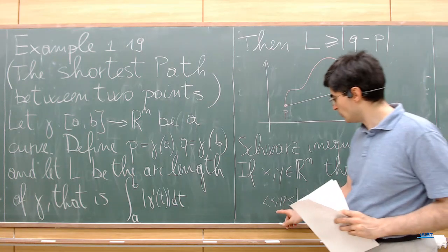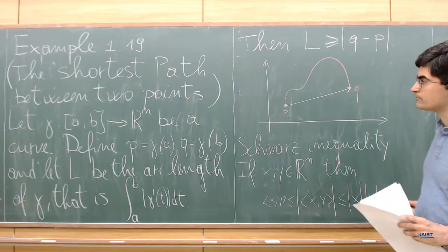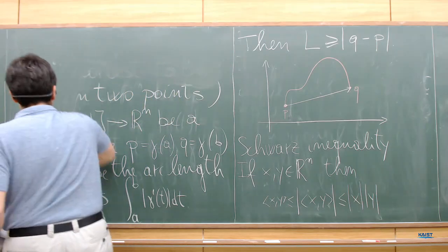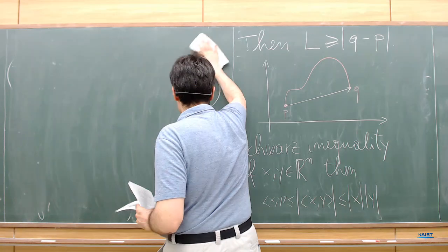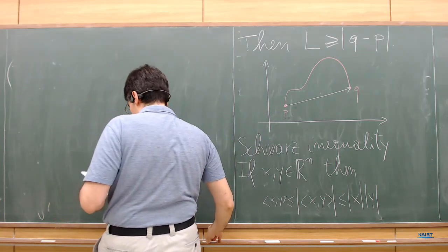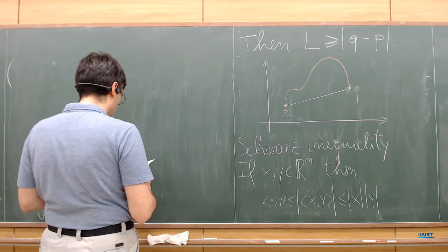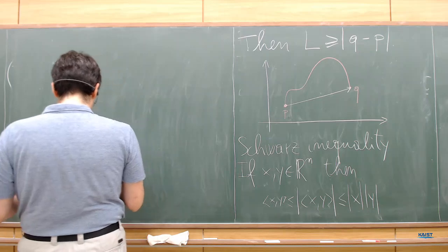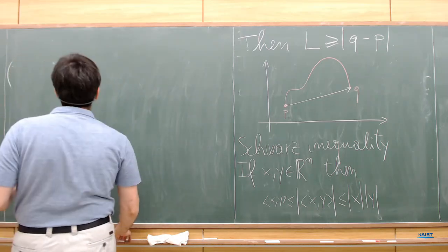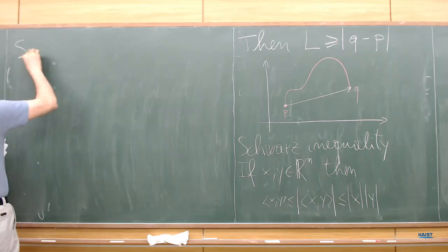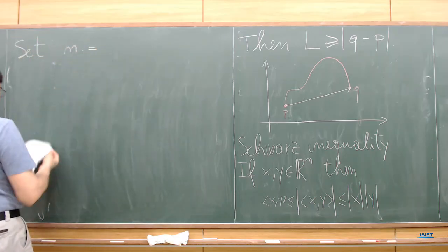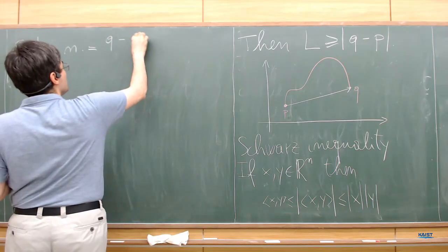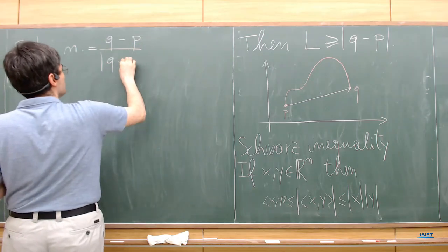And this is the inequality I'm going to use. Okay, let's set n to be the unit length vector given by q minus p over the length of q minus p.